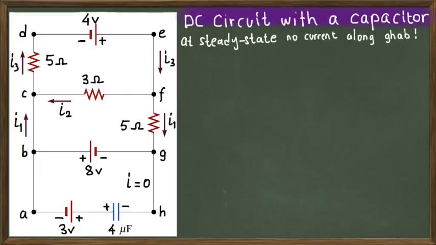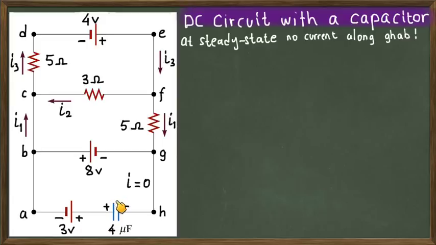If you connect, for example, the capacitor in this branch to a battery like this, then the plus side will induce a current through the plus side of the capacitor. That means this plate of the capacitor will get positive charges because it is connected to the positive terminal of the battery. But this charging will not continue indefinitely.